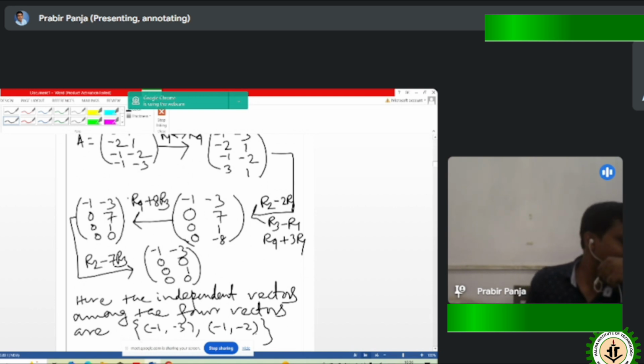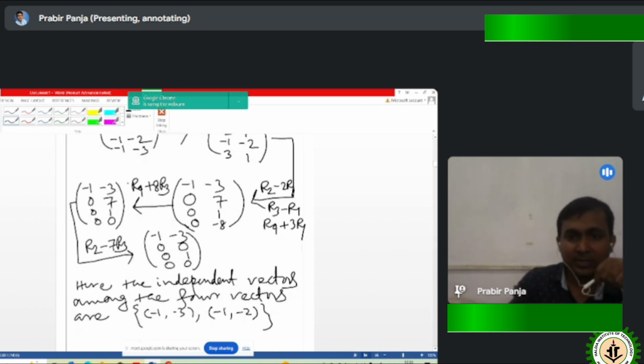Okay, except for these, all the dependent vectors become 0.